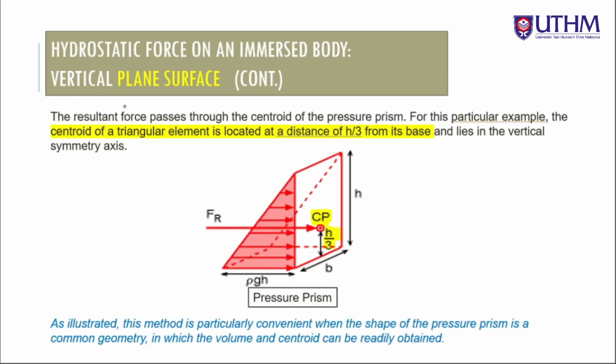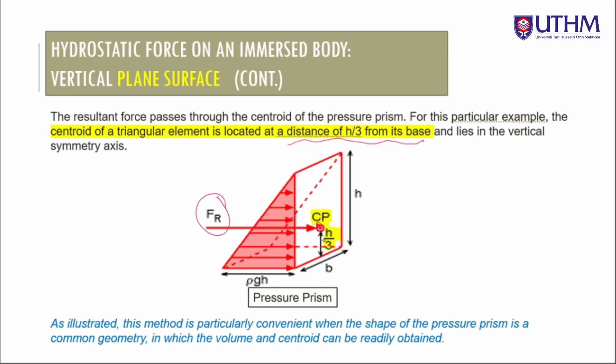So the resultant force passes through the centroid of the pressure prism. Macam sebelum ni lah. So for this particular example, the centroid of a triangular element is located at the distance of 1/3 of its base.